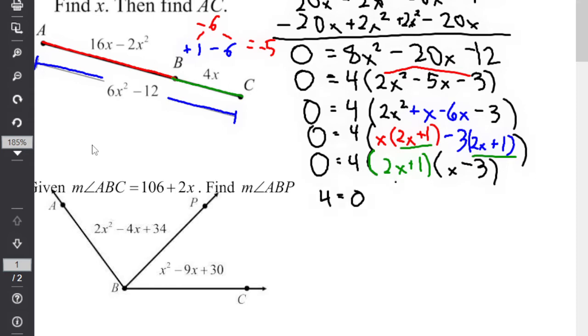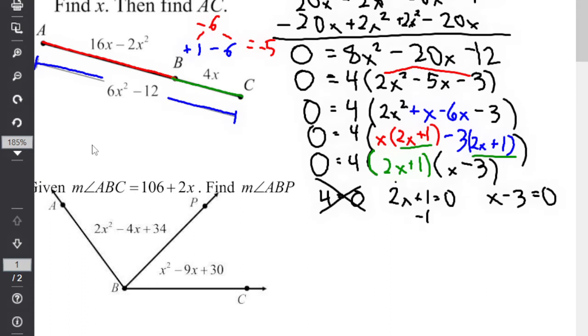Either 4 is 0. Well, 4 is not 0. Or 2x plus 1 is 0. Or x minus 3 is 0. So let's solve each of these separately.